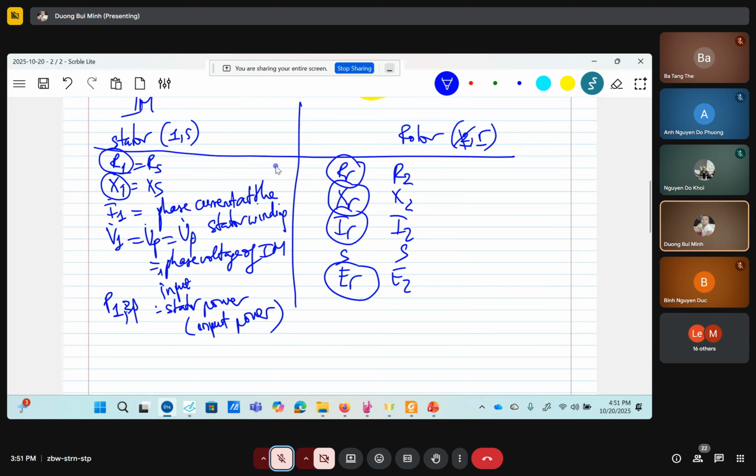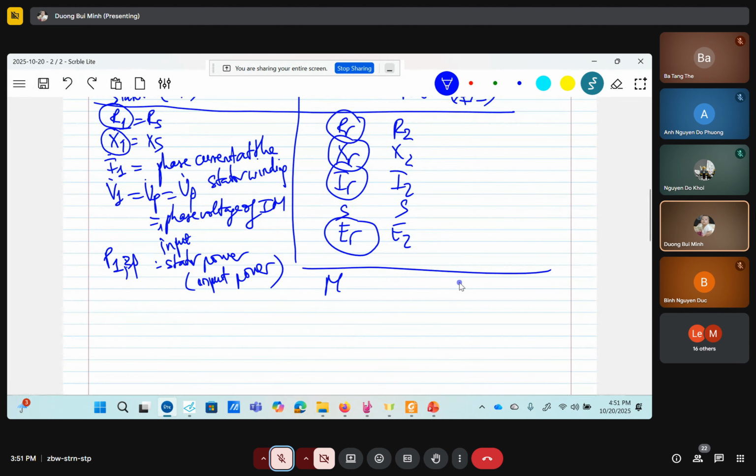Then we have the magnetic circuit. We have RC, the reluctance, and XM, the magnetizing reactance.